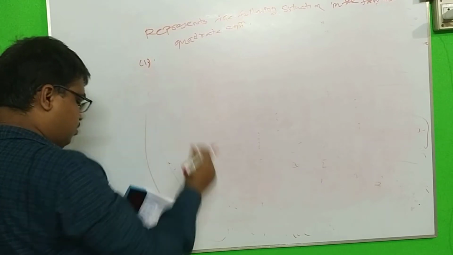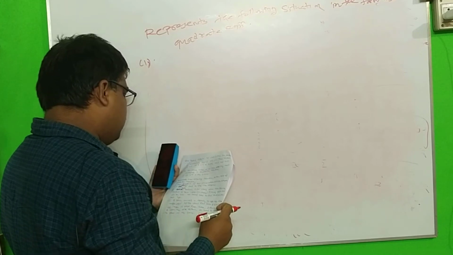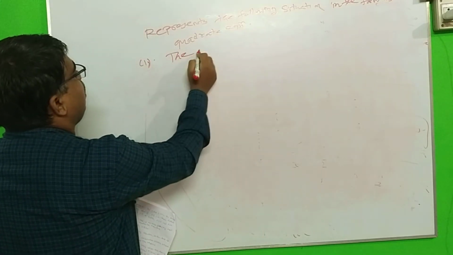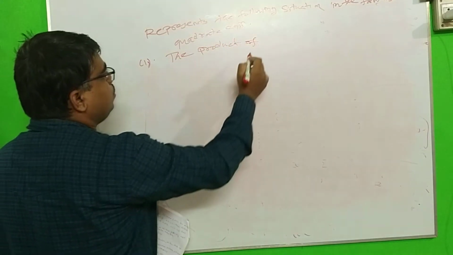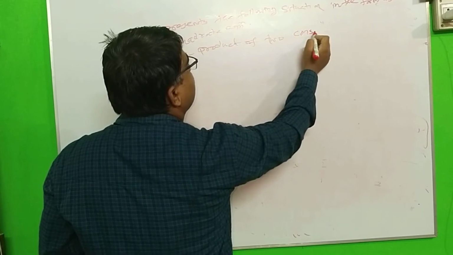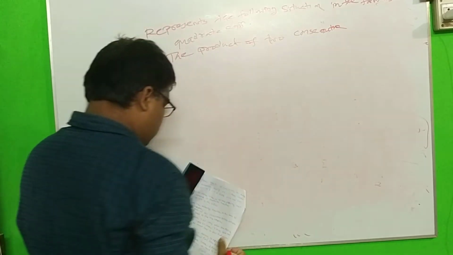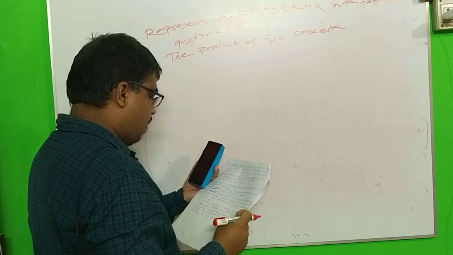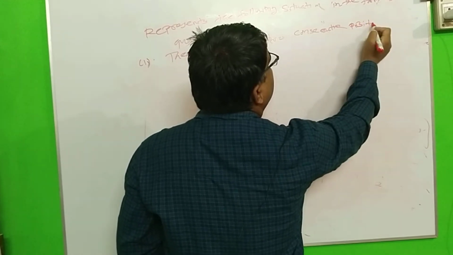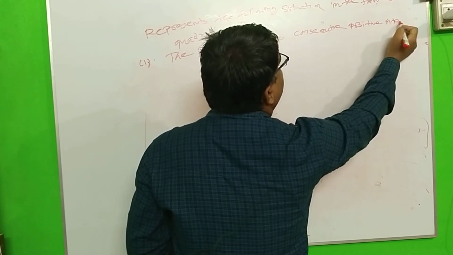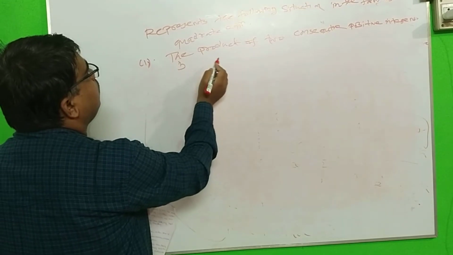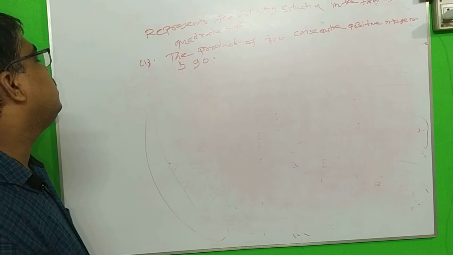Number 1: the product of two consecutive positive integers is 90.